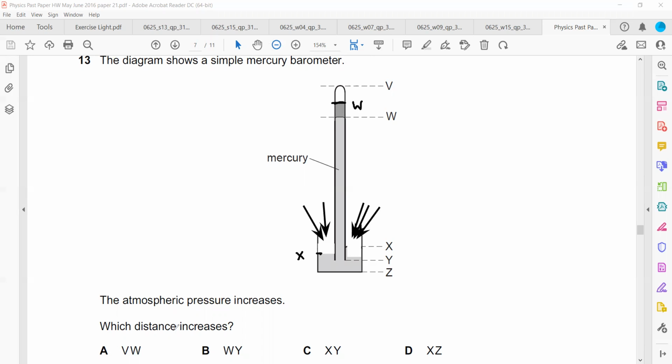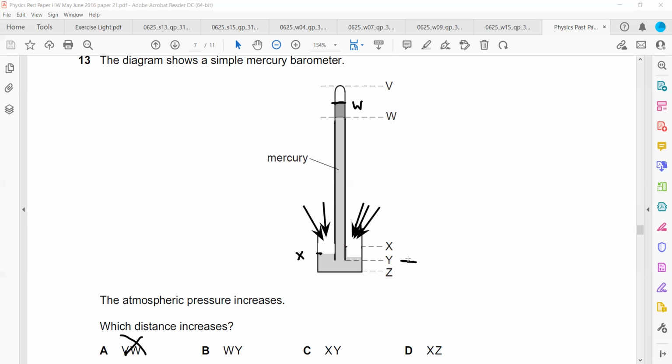So the question is, which distance increases? V and W? V and W is not increasing, it is decreasing, because first this was the distance between V and W, and now this new distance is smaller. So it's not V and W. Then W and Y. Y is fixed.